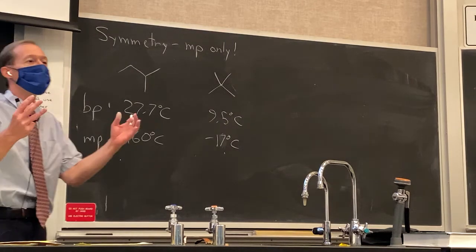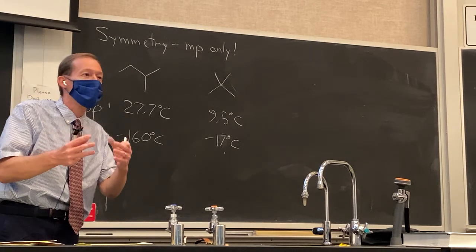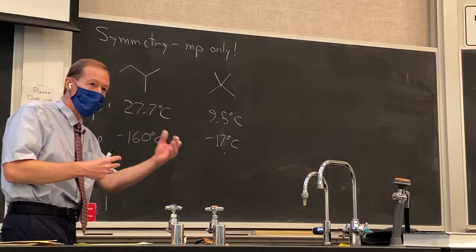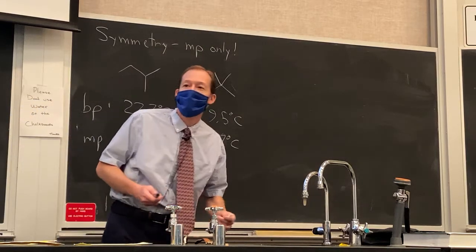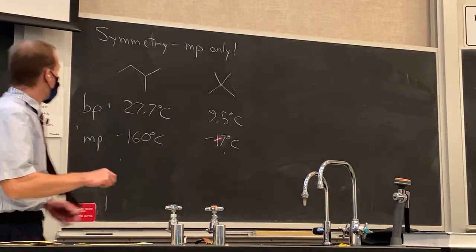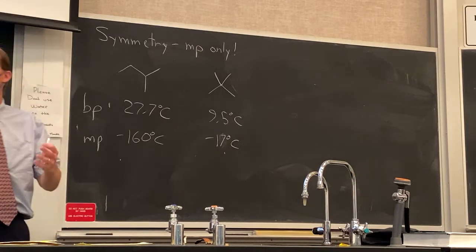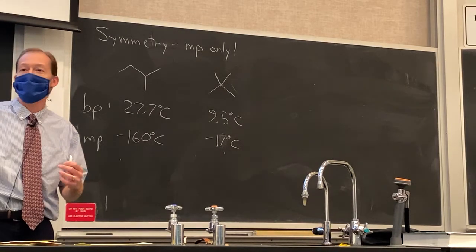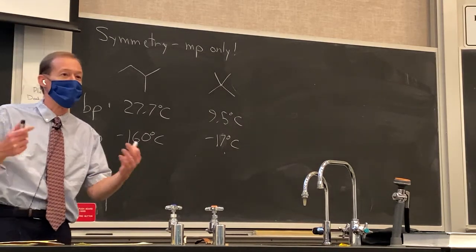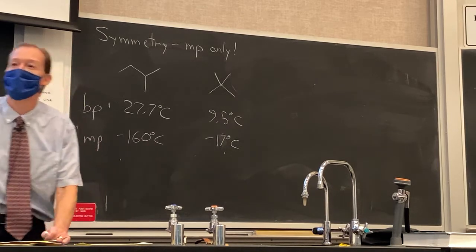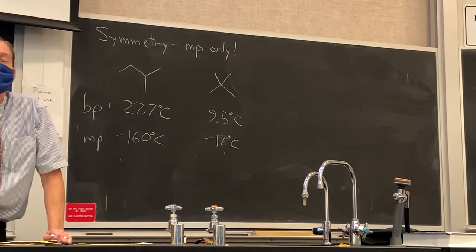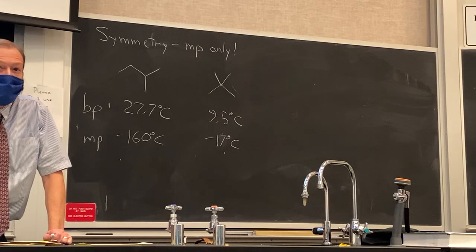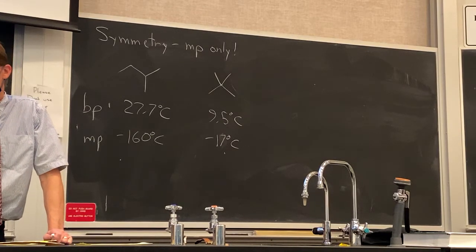In the liquid phase, the molecules aren't close enough together for that symmetry to matter, and it's only the surface area that matters. And again, we're not making this up. We can measure these values. We know the trends, and so we develop these theories to explain the trends, but we know these trends, so it is real. Questions?